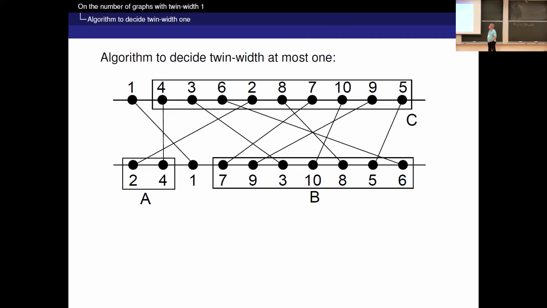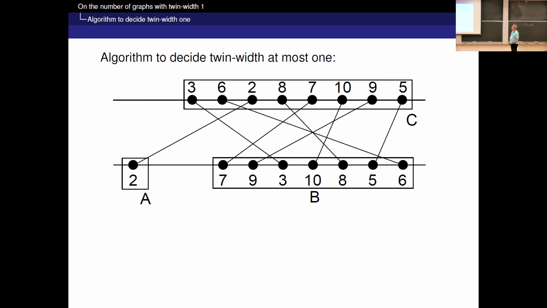So let's do it. Then it defines some sets A, B and C that are maintained during the algorithm. The splitter splits the lower line here into intervals A and B, and one interval on the upper line. And now you are looking for doubly extremal vertices, that are on the boundary of two intervals, like this one. This is doubly extremal because it is at the end of A and at the beginning of C. Such vertices are removed.